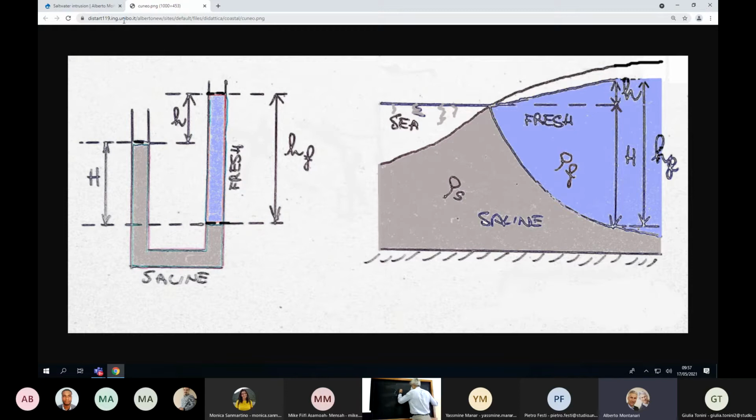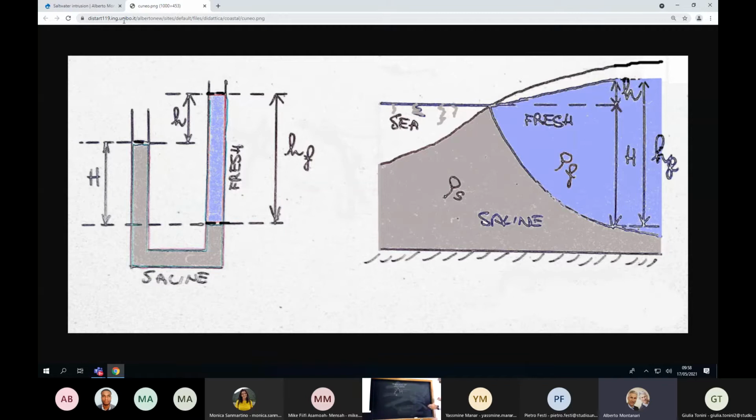If I multiply gamma S by capital H, where capital H is the level of salt water above the surface of separation, what I get is the pressure of salt water on the surface of separation.